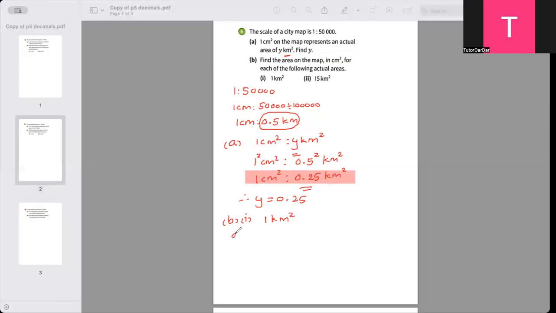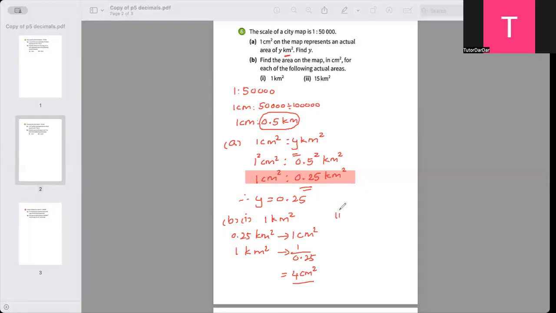So we can write like this, 0.25 km square is 1 cm square. So if you want 1 km square, okay, 0.25 and 1 is bigger. So 1 divided by 0.25, which will give you 4 cm square. This is the answer for this B1.